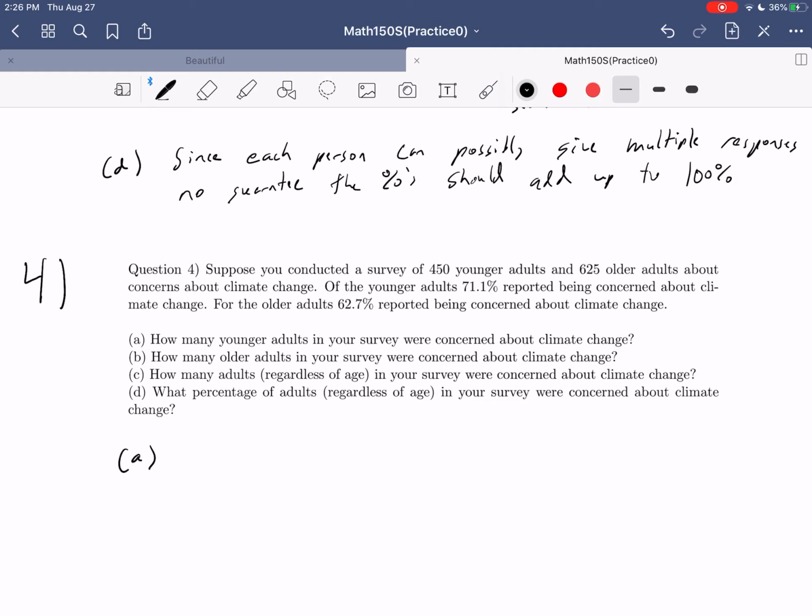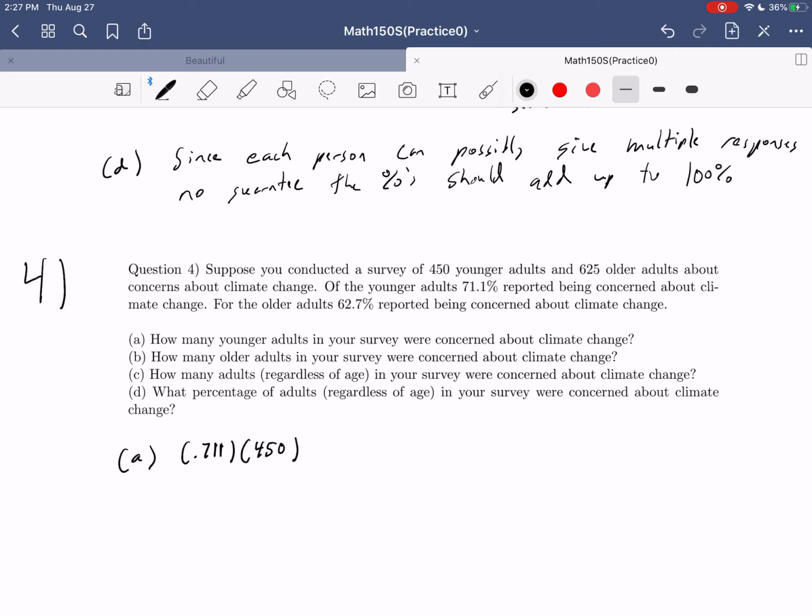So for A, we want to know how many younger adults in your survey were concerned about climate change. We know that that's going to be a multiplication. We need to convert this into a decimal. As a decimal, it'll be 0.711. And what are we going to multiply by? Well, it says how many younger adults. We know that there were 450 younger adults. So let's multiply that by 450.